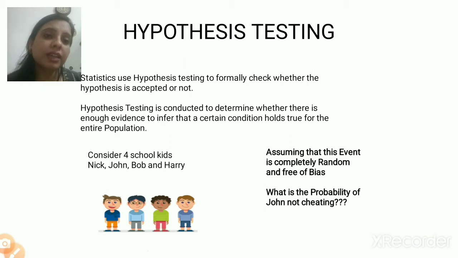All the remaining three students agreed, and they started doing this activity daily. They would pick one name, and whoever's name was called would wait after school. Now, in this example, we need to calculate the probability of John not cheating.